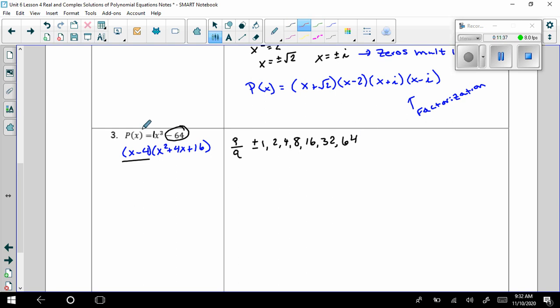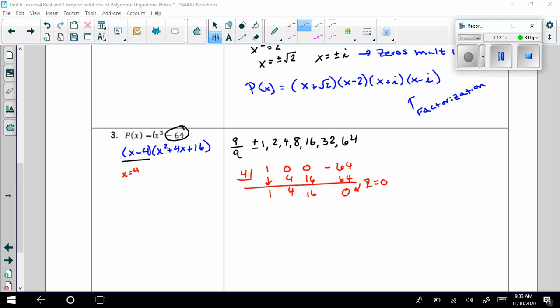Just to show how this works, if we use synthetic division with the 4, knowing that x equals 4 is a zero of our function, then we have 1, 0, 0, negative 64. Remember your placeholders. So we bring down the 1, multiply, add, multiply, add, multiply, and add. You should get a 0 remainder.